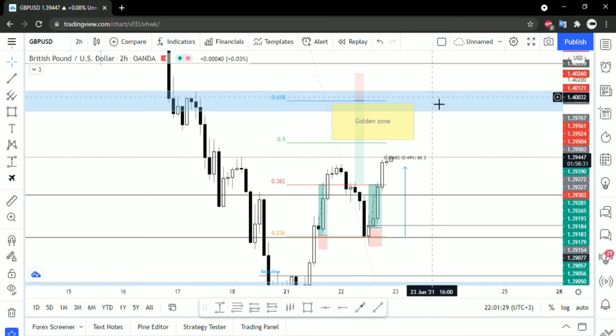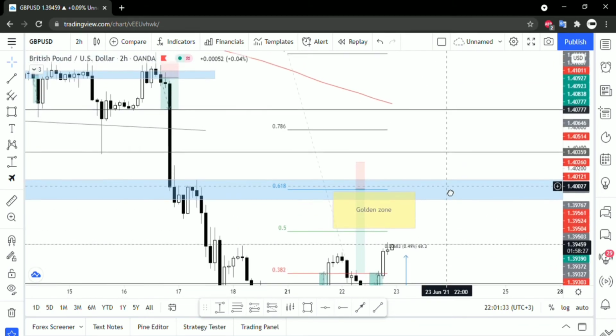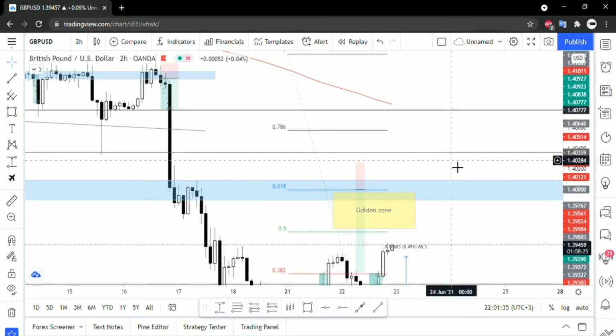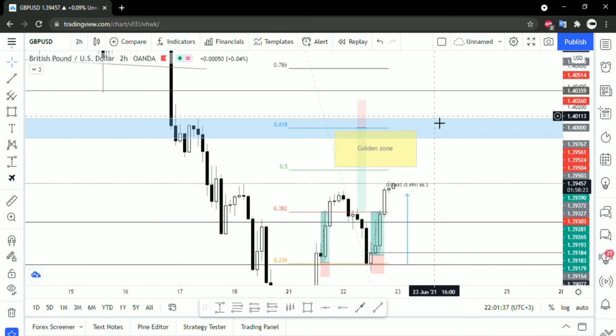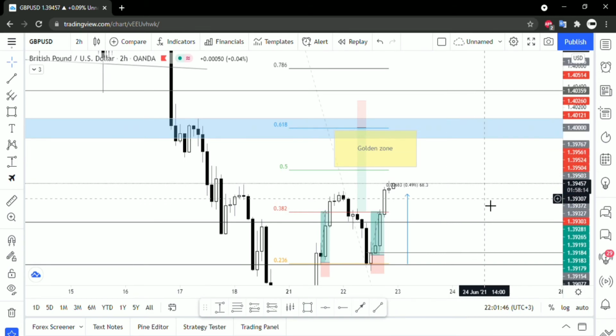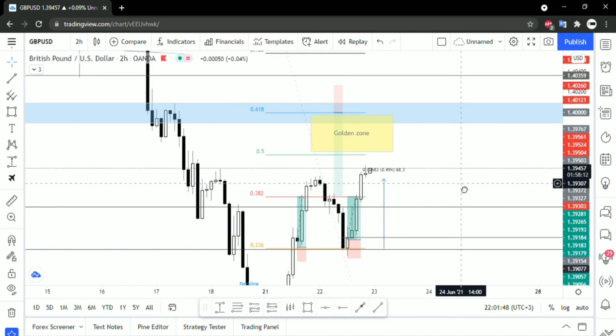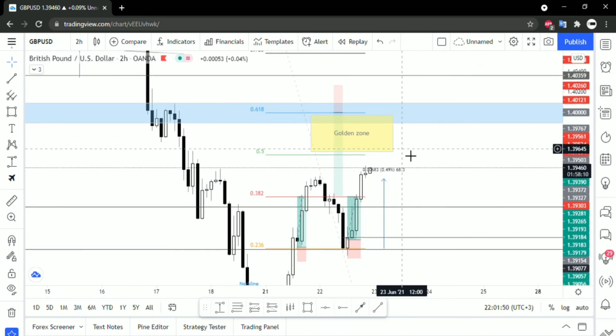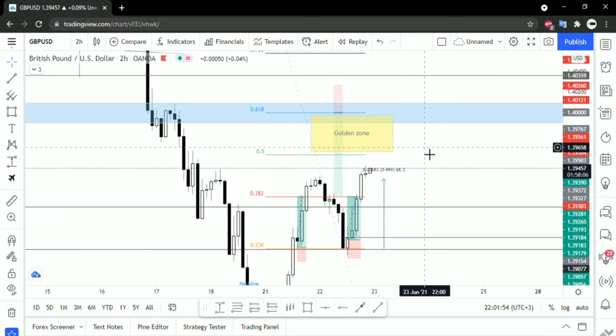If it breaks out and continues to go up, then we'll probably be looking at moving upwards. But if it doesn't, which I think it will face quite a resistance here, it will probably go back down to the 0.382. That is what my analysis is headed towards, and I am just waiting to see what happens.